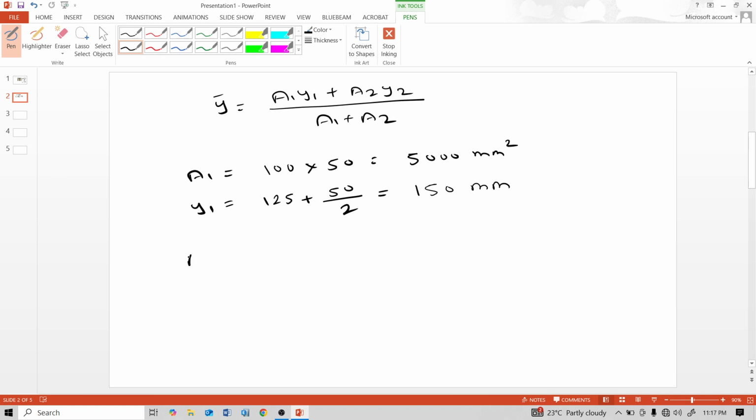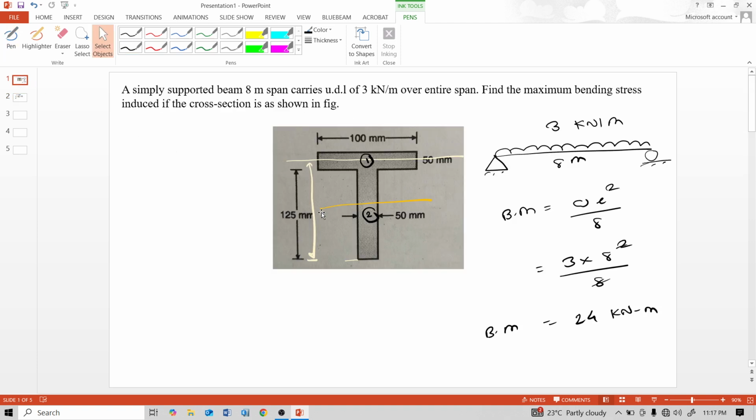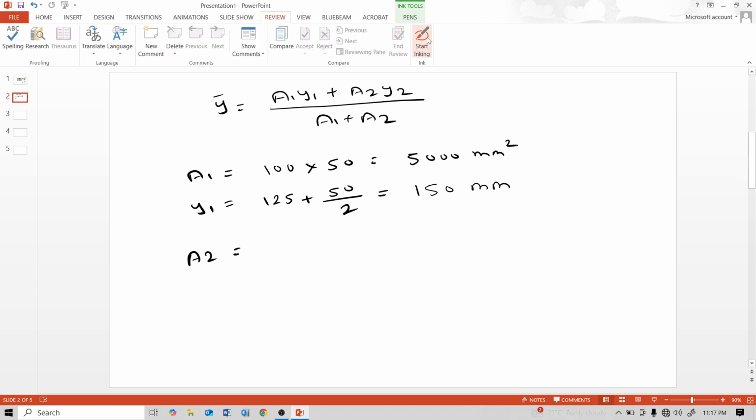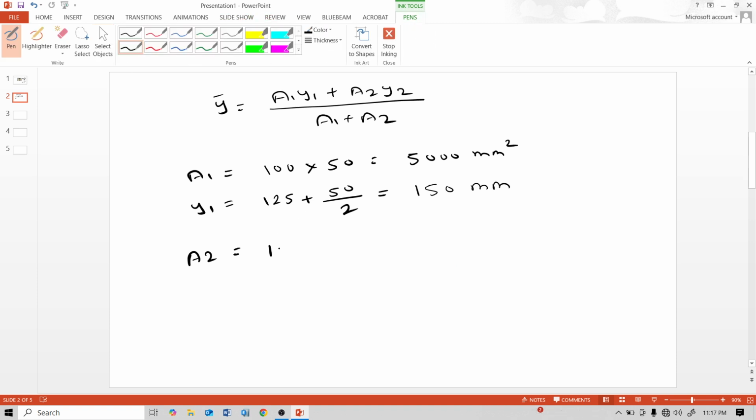Now next, A2, the web part area, is 125 into 50 mm, that means 6250 mm square.